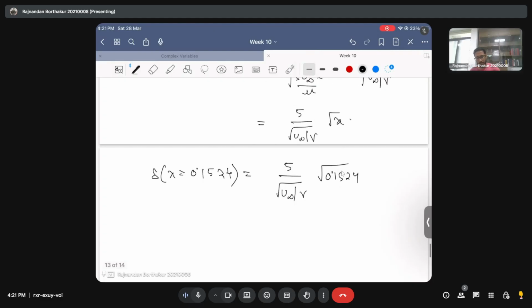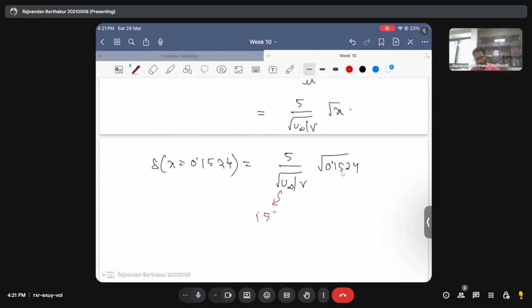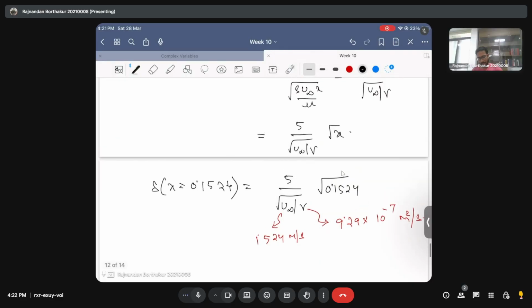Then use the fact that u infinity is given to be equal to 1.524 meters per second, and your kinematic viscosity is given to be equal to 9.29 times 10 to the power minus 7 meters squared per second. That's what is given. Then you just need to substitute this in order to get the value of delta. I believe you can do this simple substitution.